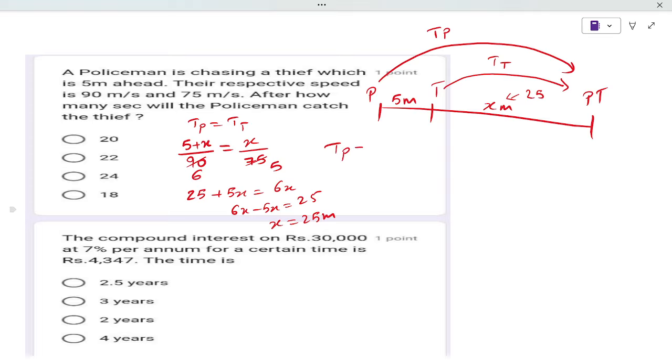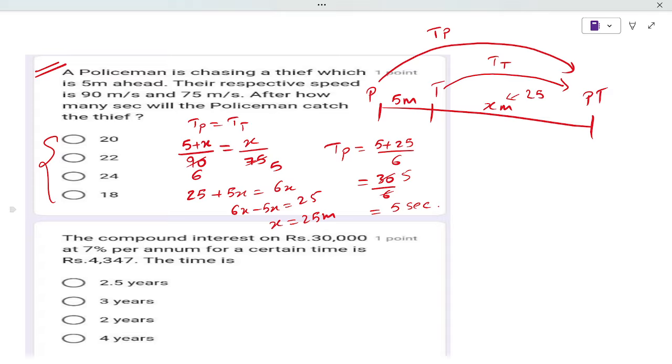Time of police is 5 plus 25 divided by 6, that means we get 30 by 6, which is 5 seconds. Yes, 5 seconds. We didn't make any blunder. So the answer is 5 seconds.